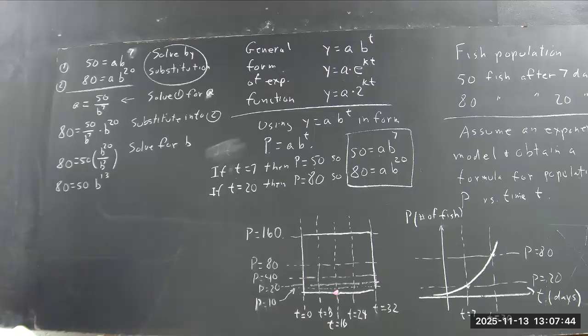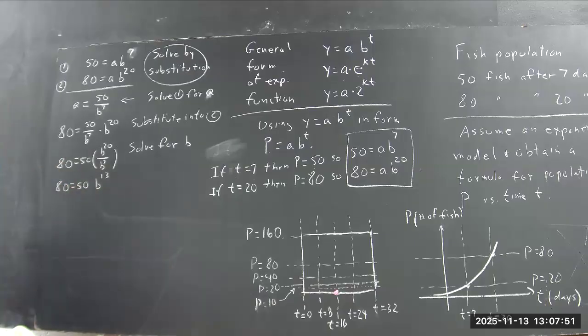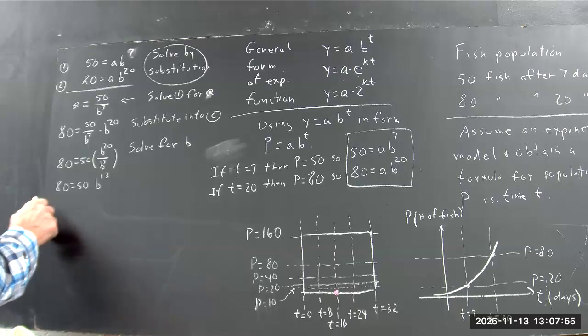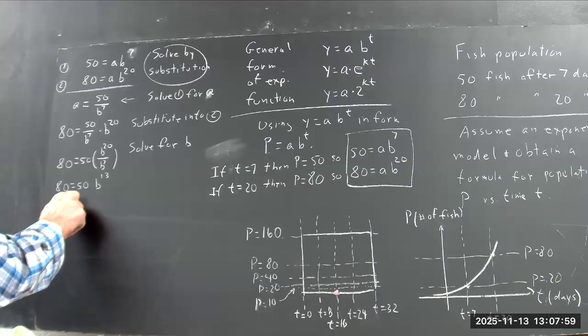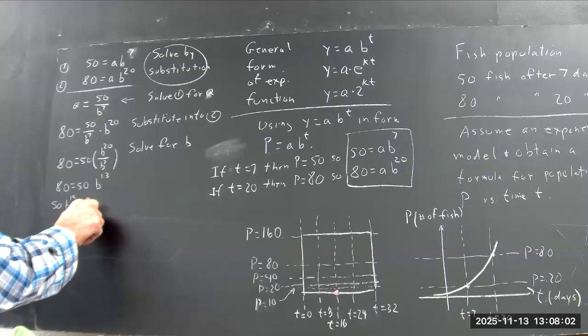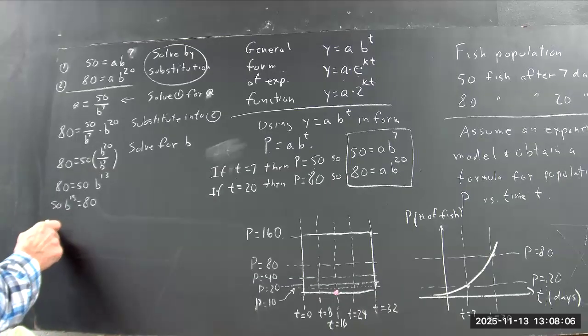Now, we understand the rules of exponents. We subtract the power in the denominator from the power in the numerator, we get 13. And then I'm going to write it with the B's on the left, just because that's the way we're used to seeing it. Divide by 50.